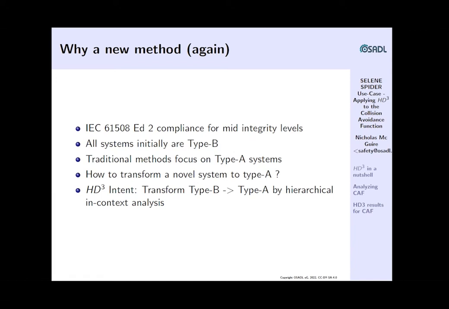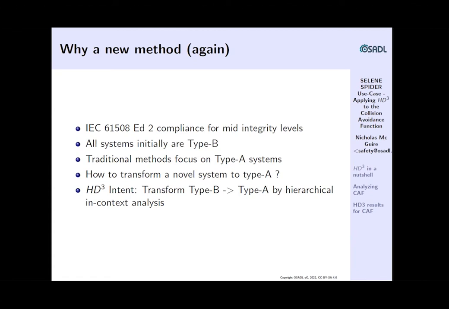We decided, after working with complex systems and actually certifying some Linux-based systems in the rail industry, that the available methods cannot do the job, and we need a new method. So the target is a new IEC 61508 Edition 2 compliant method. We are looking at the draft Edition 3 to ensure compliance there, but for mid-complexity, we don't see any major changes. Now, we look at how system analysis starts.